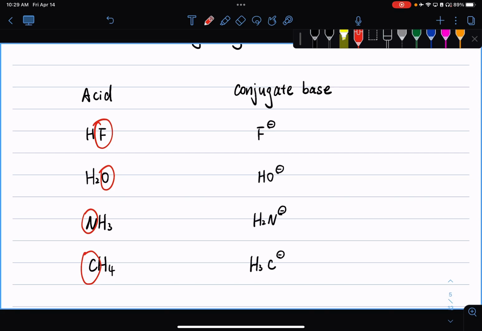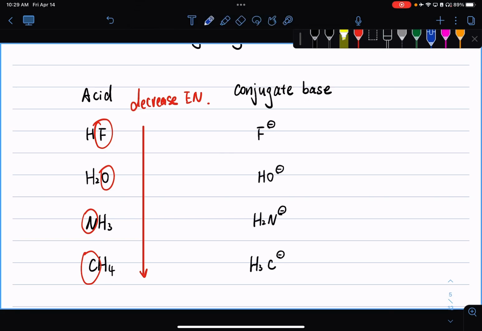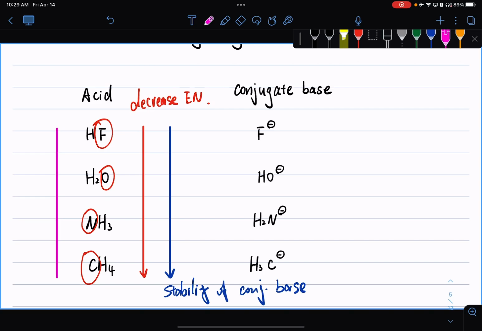All right, so what we have is from fluorine to carbon, a decrease in electronegativity. So consequently, we have a decrease in stability of the conjugate base. And as a result, we have an increase in acidity.